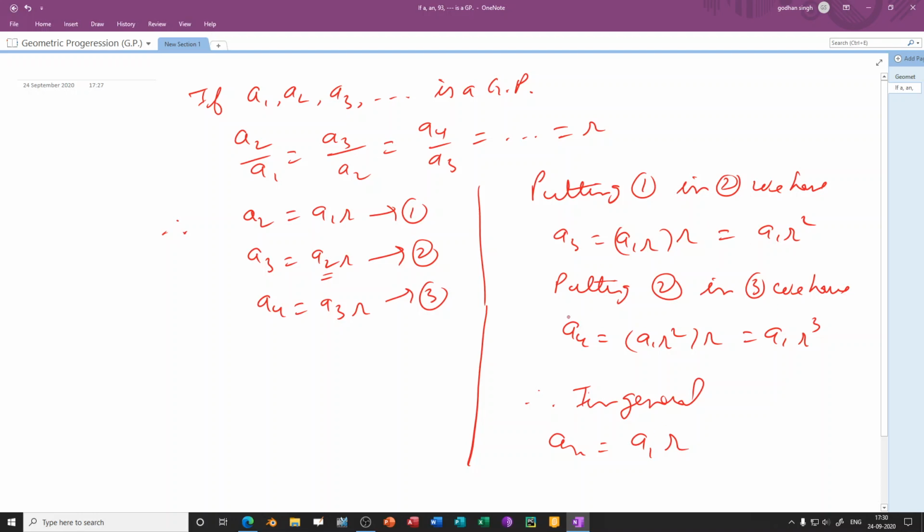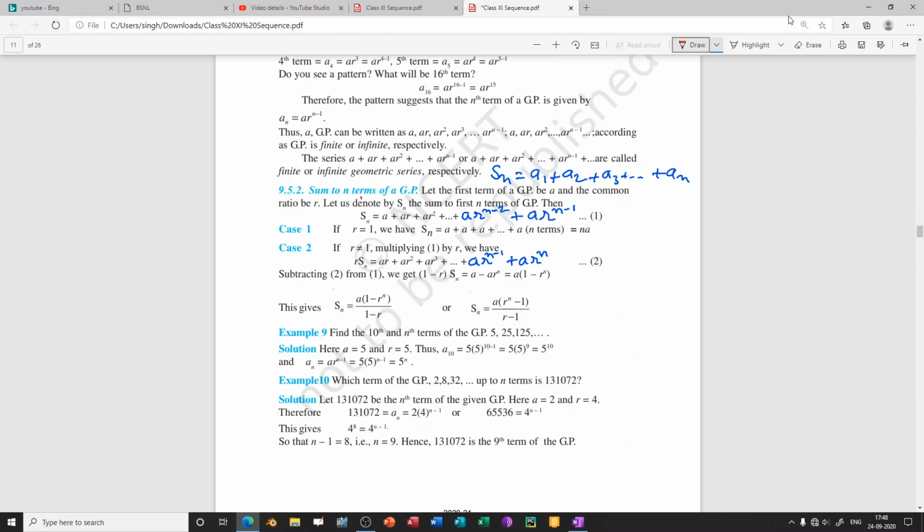The exponent of R will be one number less than n, that is n minus 1. So this is the formula for the general term of a GP. This is the nth term of a GP, that is An equals A1 into R raised to n minus 1.